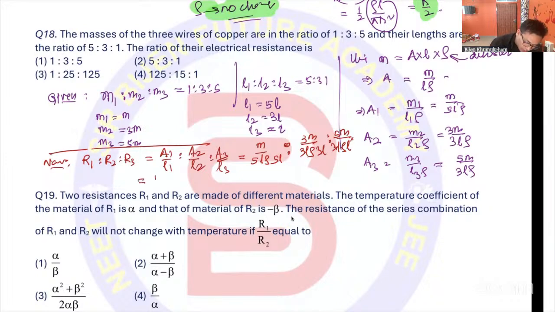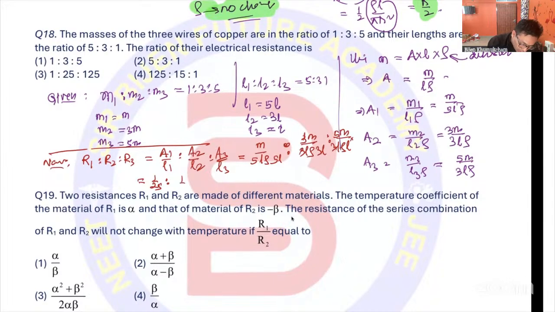So what we get is 1 by 25 is to 3 is to 5 by 3.